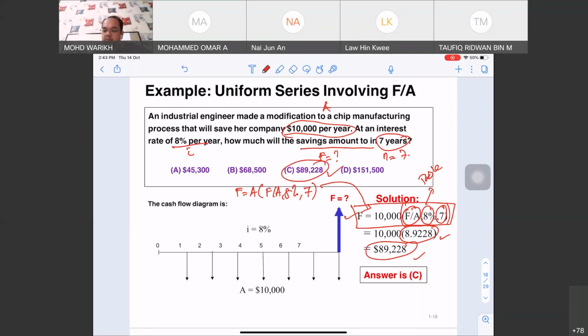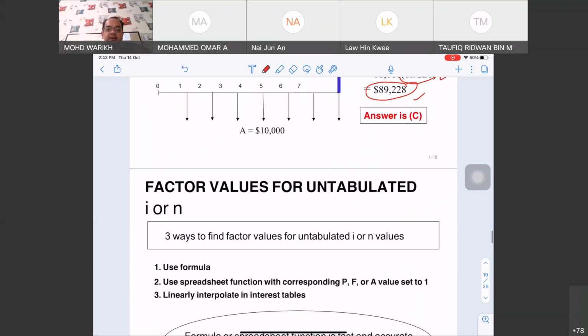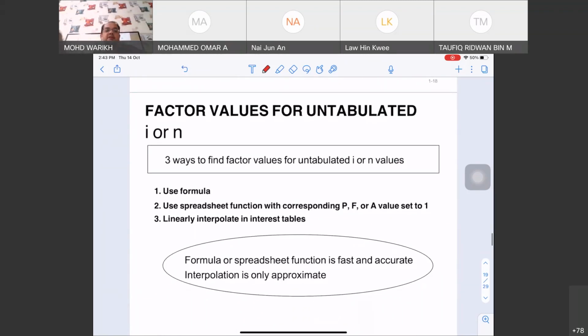Right. So next, vector values for untabulated i. That means you have to find i. When you refer to the tables, you have to find i first. The tables go from 1% up to 100%, if I'm not mistaken. So the tables are quite thick.